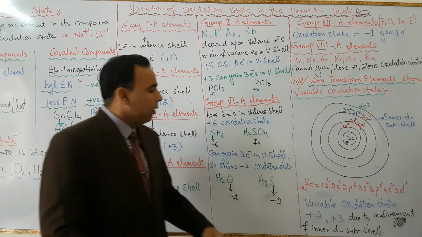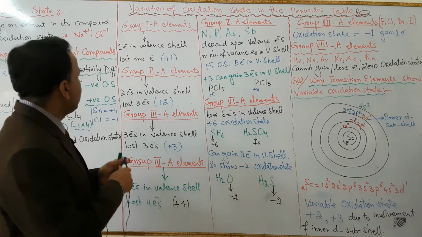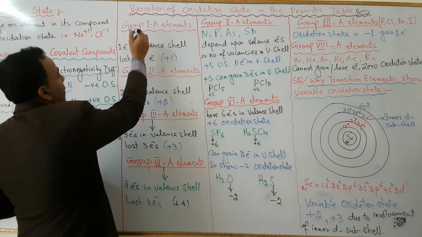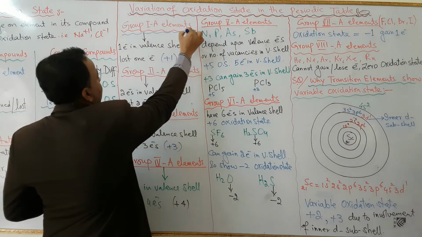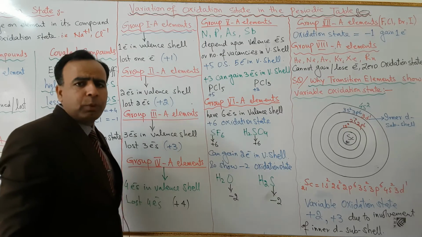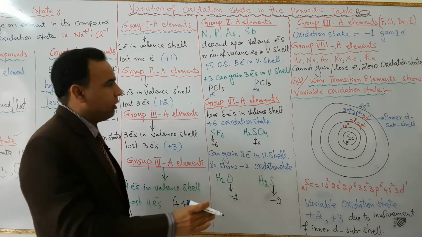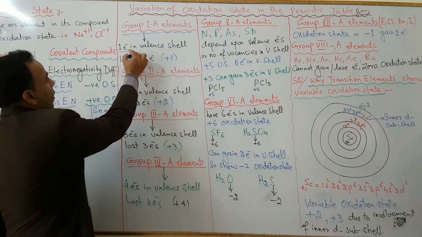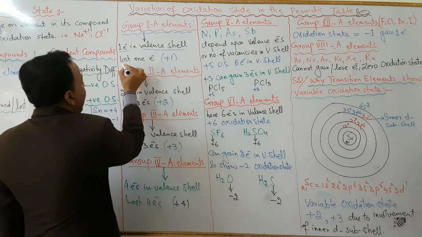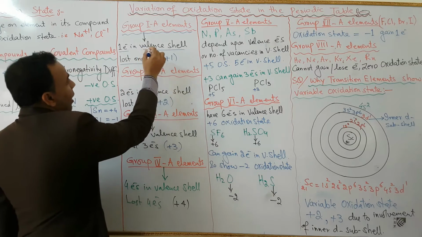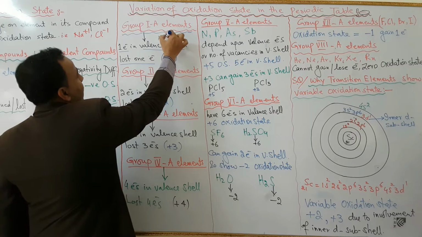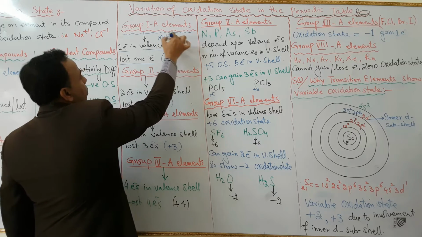For example, dear students, in the case of group 1A, hydrogen, lithium, sodium, potassium, rubidium, cesium and francium, they have 1 electron in their valence shell. They are all metals and they have the ability to lose electrons.